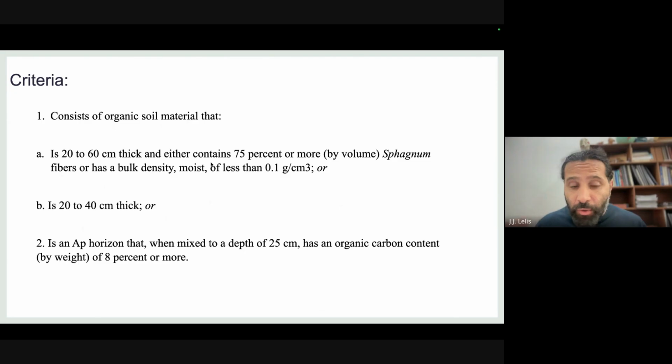Okay? So these three diagnostic horizons already tell you a lot about soils that are formed by humans, and this is the main characteristic. Soils with a high content of organic matter that are not formed by flooding, or soils formed by human action with a high content of organic carbon.